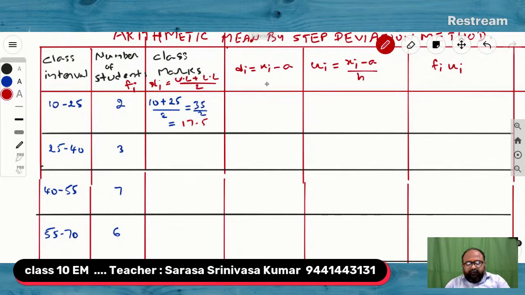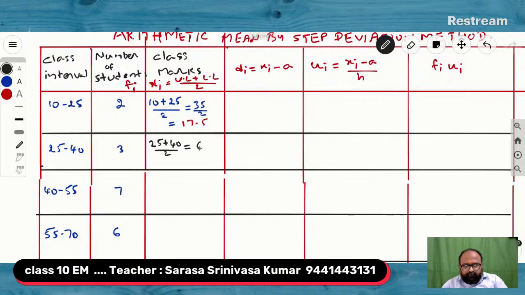So now we have found class marks for this interval, and for the next one it is 25 plus 40 by 2.